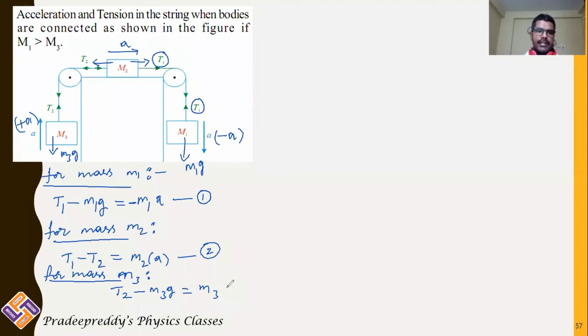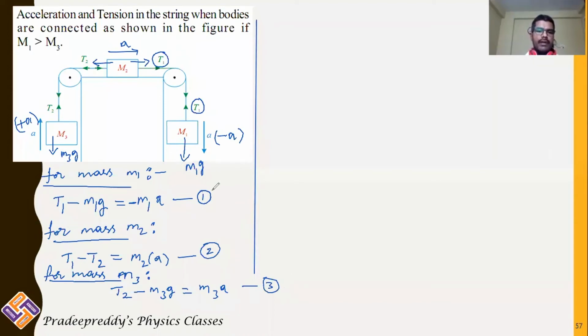This is equation number 3. So we have got 3 equations from 3 free body diagrams. Now you should solve these equations, and you will get the acceleration as well as the tensions.